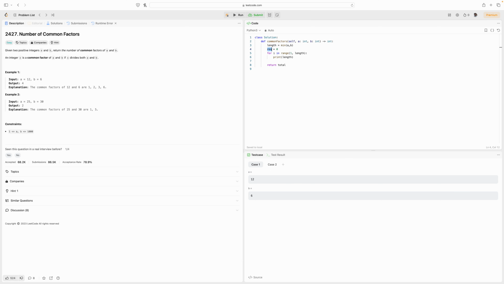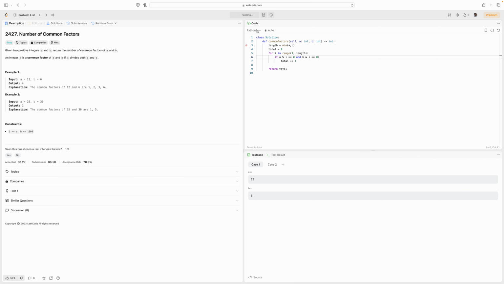I think this is going to be a pretty easy problem, unless there's some crazy optimization I have to do. So for i in range of 1 to length, we're going to iterate through and see if A modulo i equal to 0 and B modulo i equal to 0, then total plus equal to 1.